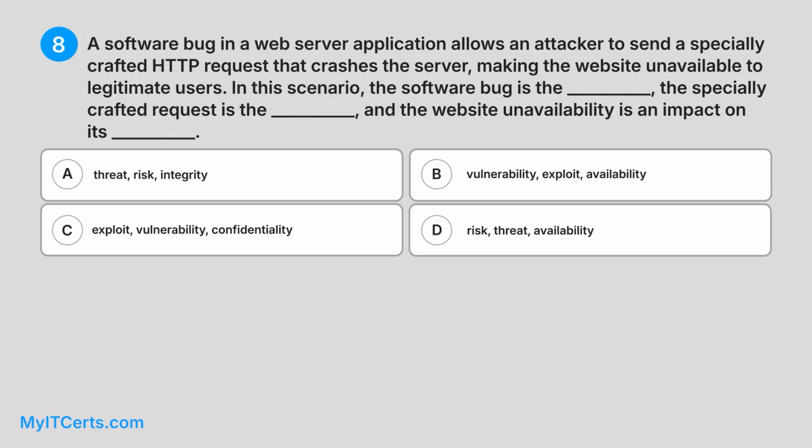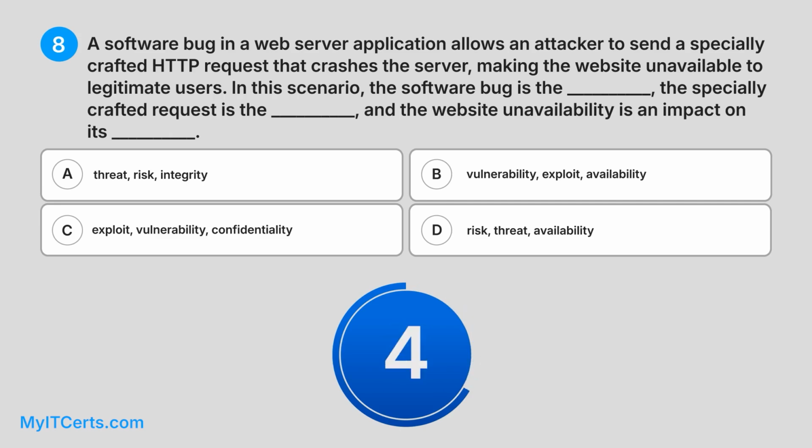A. Threat, risk, integrity. B. Vulnerability, exploit, availability. C. Exploit, vulnerability, confidentiality. D. Risk, threat, availability. Do you know the answer?